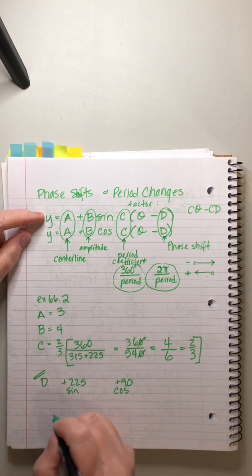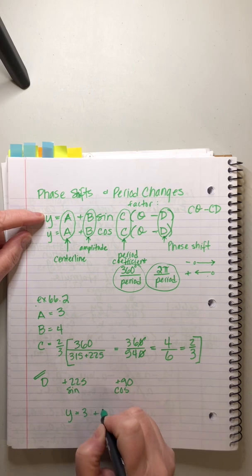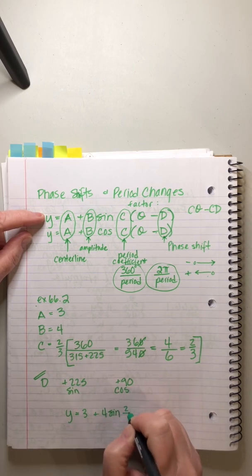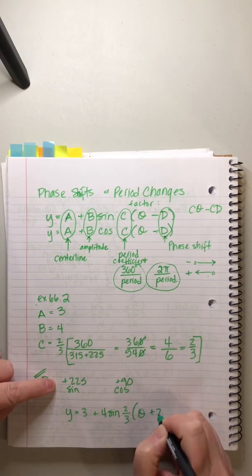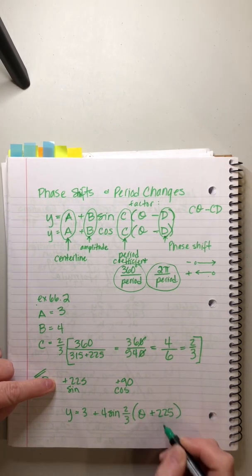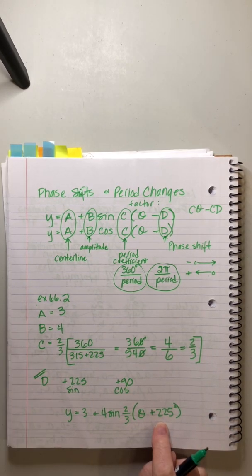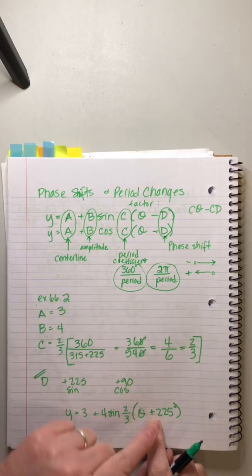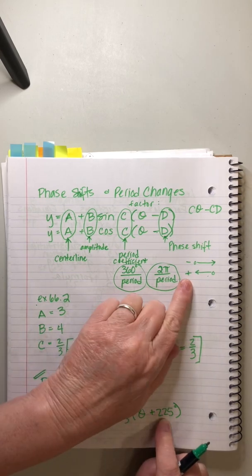We're using this format. For the sine curve, we'll say y equals 3 plus 4 times the sine of 2/3 theta plus 225. I double check this one more time because it'll make you crazy. It's supposed to be negative, so I changed it to positive. That means I'm shifting 225 that way.